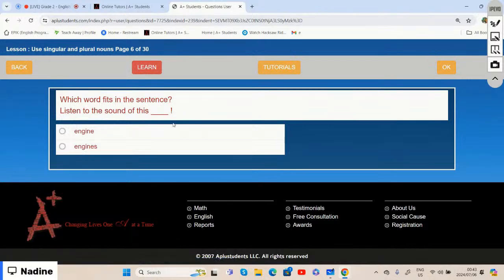Listen to the sound of this engine, or do we say listen to the sound of this engines? Which one is correct? Option one or option two?